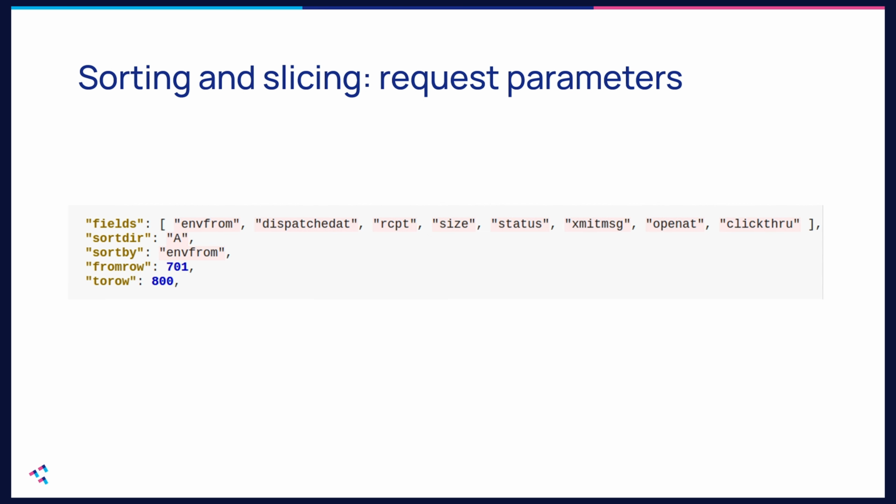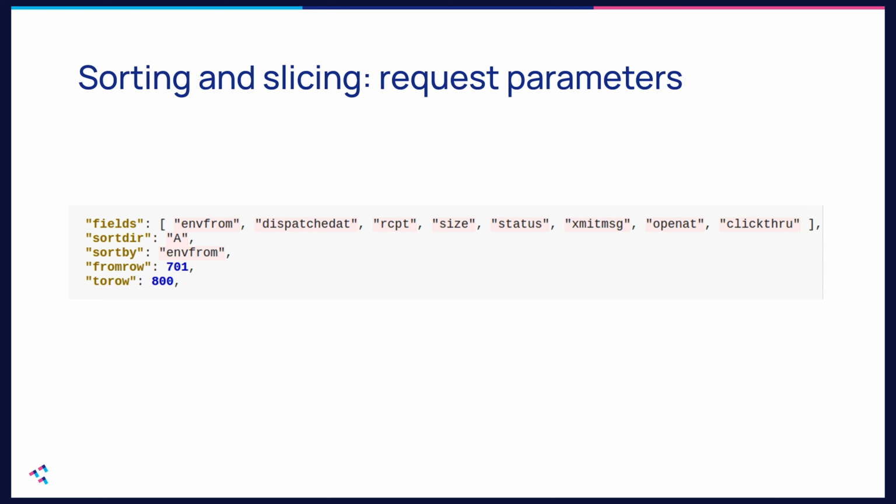Now, sort by doesn't have to specify a field name which is included in the fields parameter. It just has to specify a valid field name. But this field will be used by the database to sort the data and then return it. And after the sorting happens, the next filter is the horizontal slicing from row and to row. So in this example, we are seeing from row 701 to row 800.